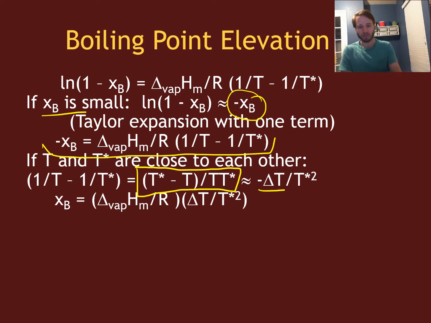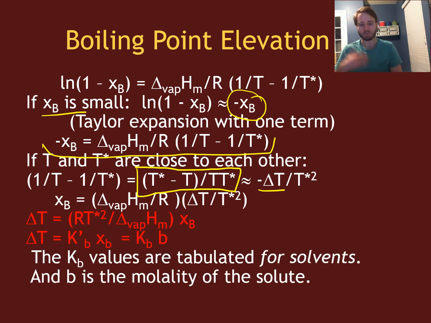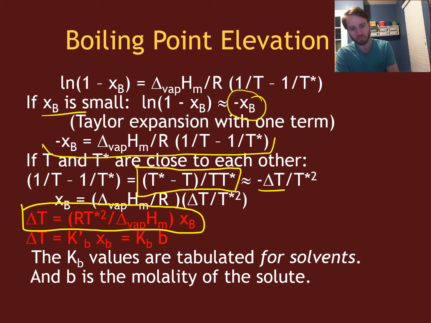And so plugging that in, I get this equation here, and then solving for this change in temperature, I get this general equation here, where the change in boiling temperature is related with R times T squared, where T here is the normal boiling temperature, divided by the enthalpy of vaporization, times the mole fraction. You can call that K prime B, okay.